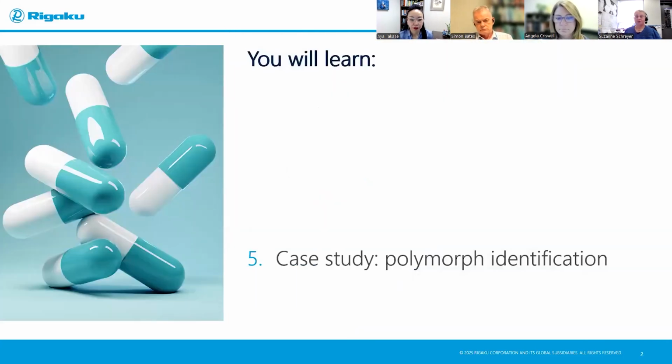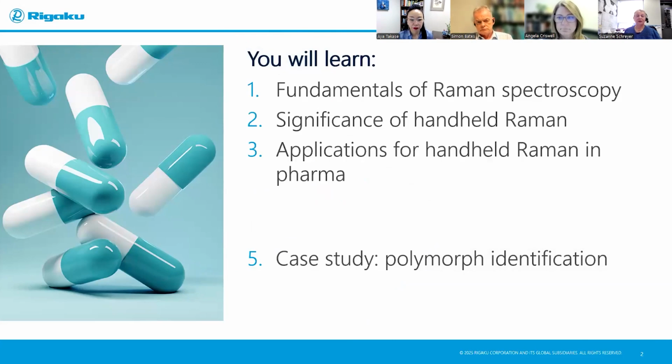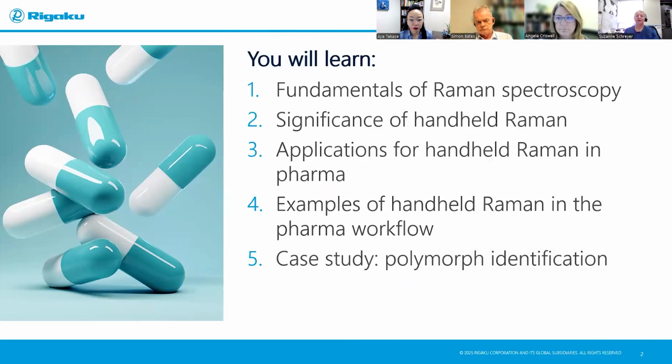Before we start, we're going to go through some fundamentals of Raman spectroscopy, and we're going to talk about how that's significant for handheld Raman. I'm also going to cover a few applications for handheld Raman and some examples in the pharma workflow. In particular, I'm going to talk about polymorph identification as a case study approach.